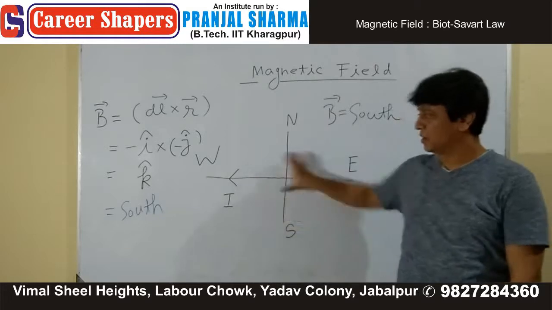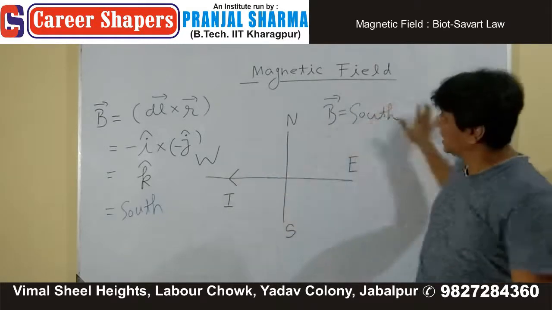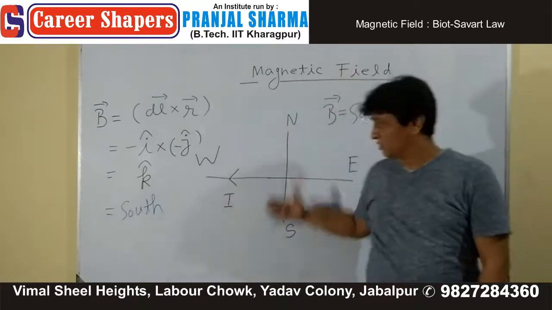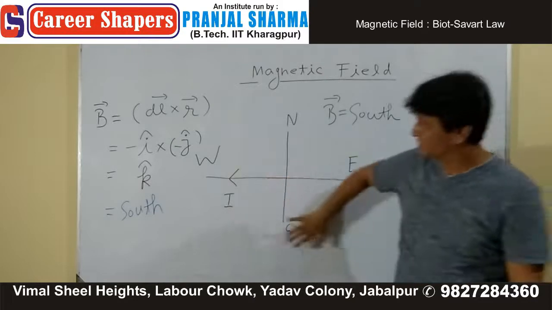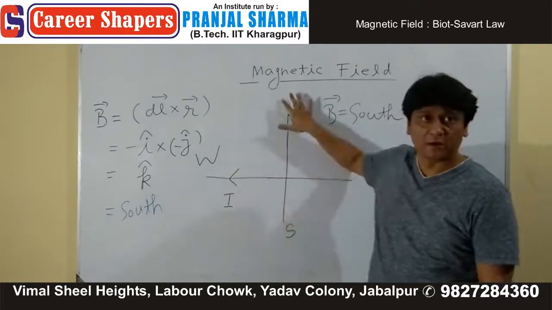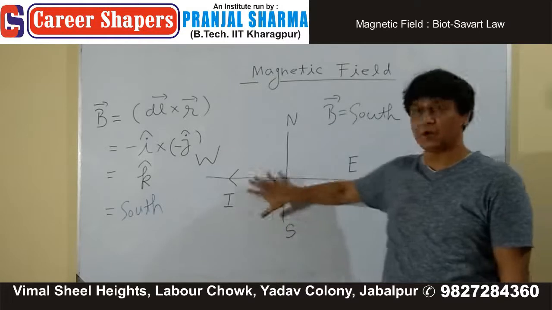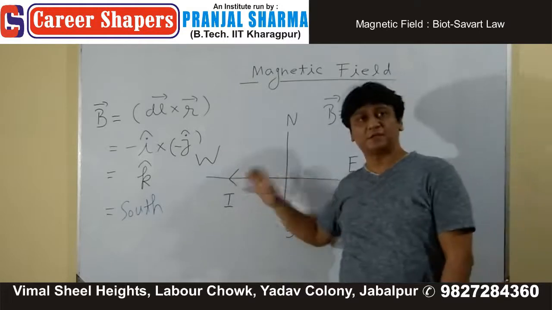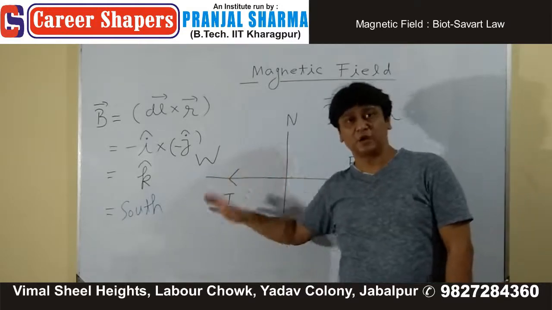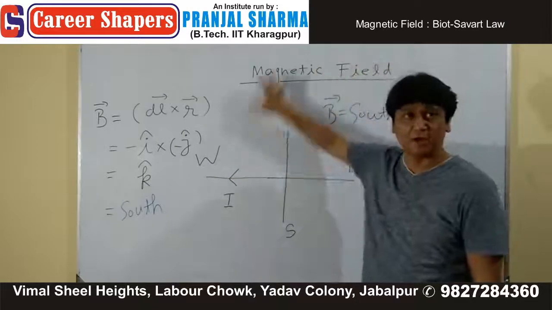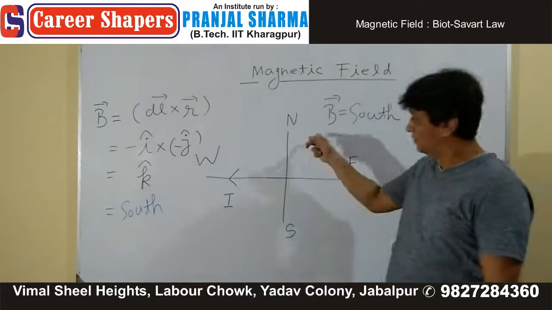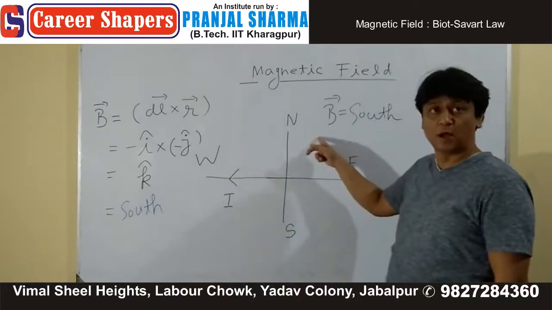North-south current. Where is up? In this plane, this is up. This is the horizontal plane. Directions are in the horizontal plane. North, south, west, east, they take place in the horizontal plane. So this is the horizontal plane. This is up, that is down, below the wire.